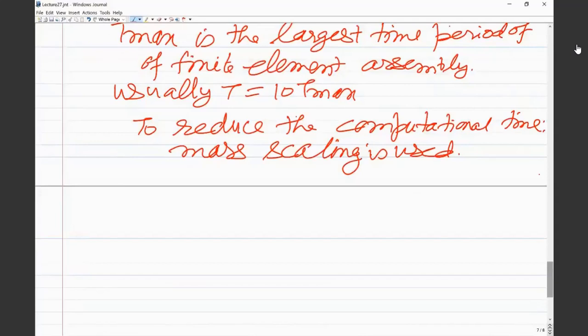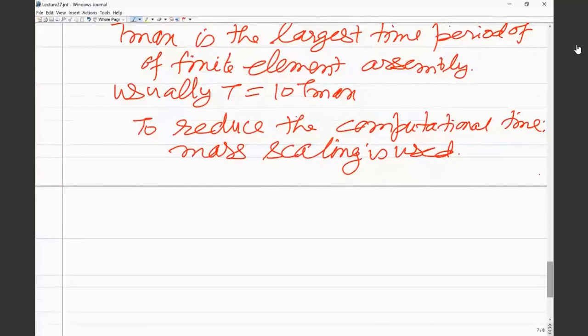The number of solution steps from 0 to capital T would be reduced, and so the computational time will be further reduced. So mass scaling means increasing the mass such that the highest natural frequency comes down.